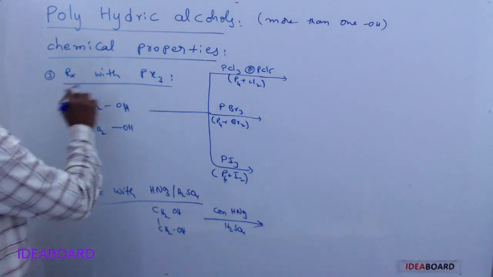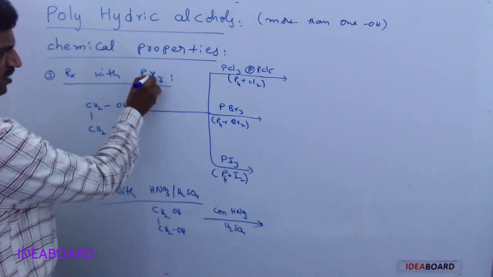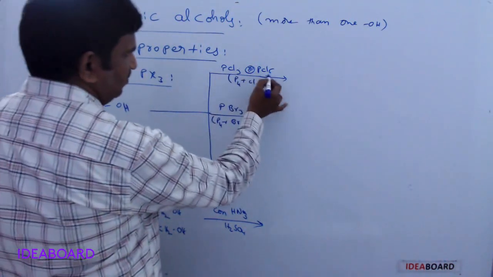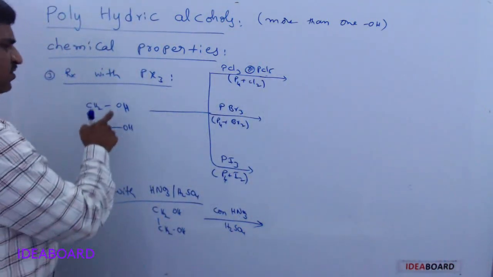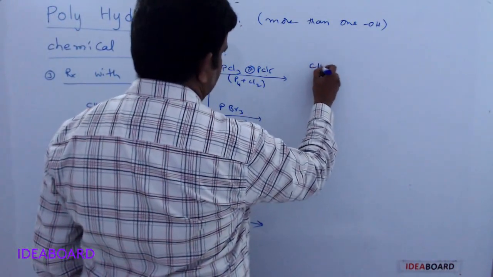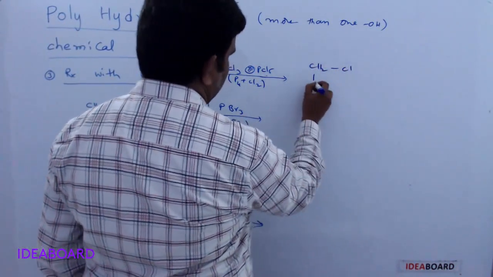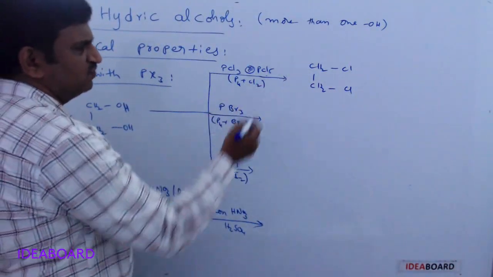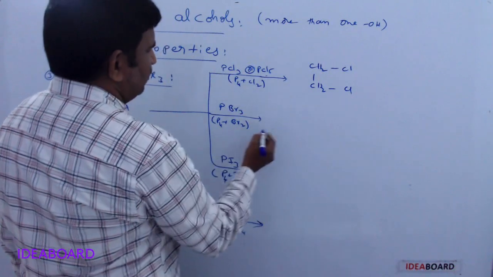Next, reaction with PX3, phosphorus halides; PX3 or PX5 can also be used. Here PCl3 or PCl5 is taken. Both OH groups are replaced, so we will get CH2Cl and CH2Cl. Ethylene chloride, or ethylene dichloride, is formed.